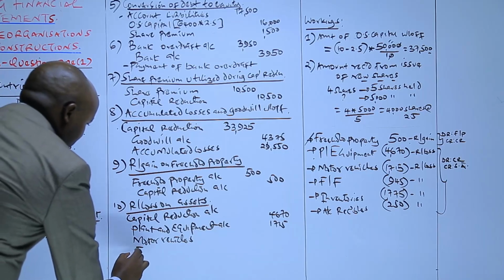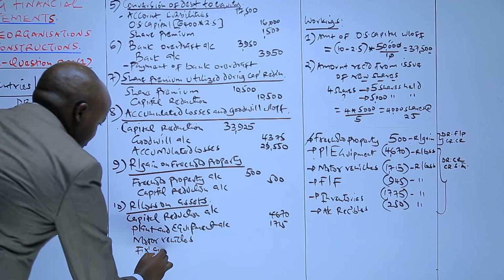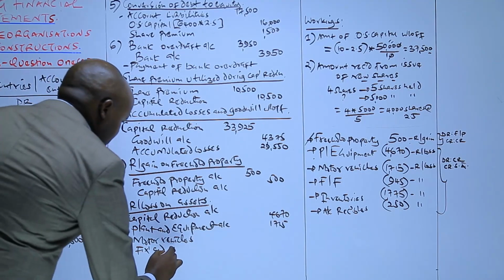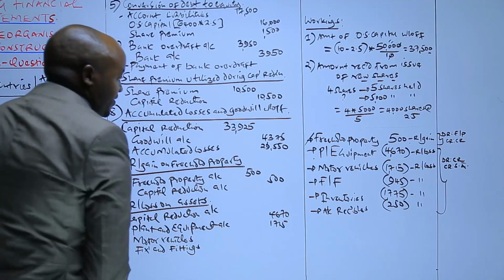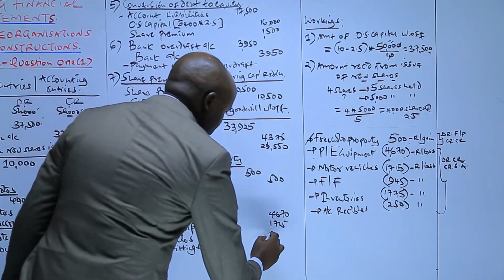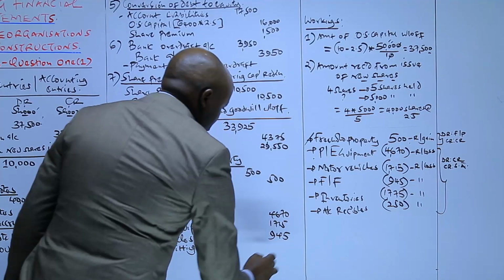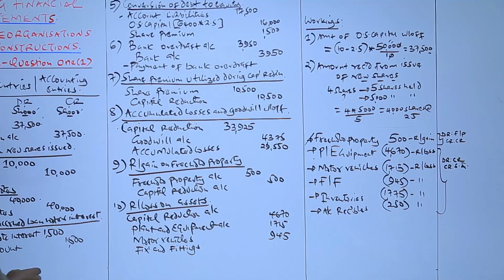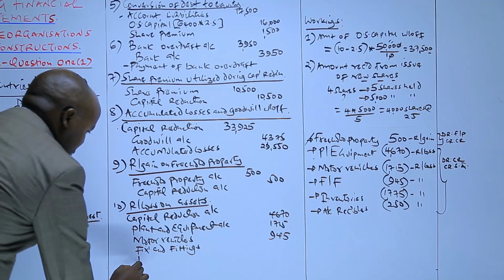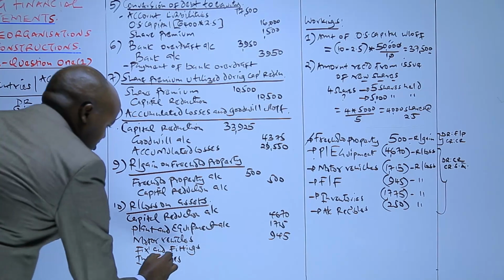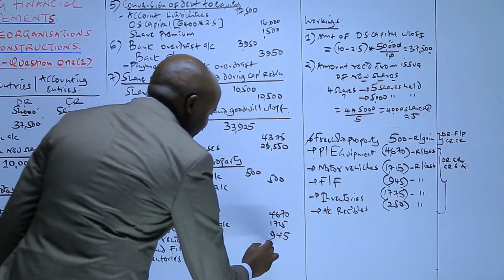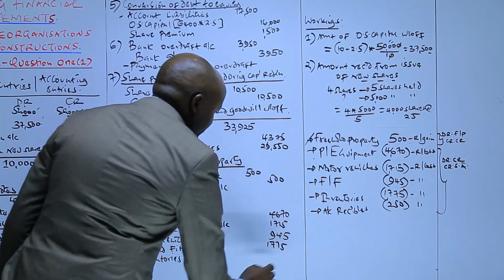We have fixture and fittings. That account is to be credited with an amount of 945. And then we have inventories, to be credited with a figure of 1775.